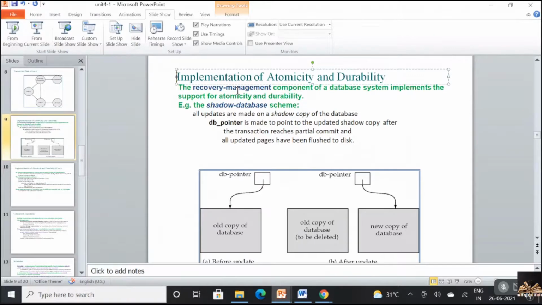And we use the shadow database scheme in order to implement atomicity and durability. So what I'm trying to do is pick up two of the properties and show you how we are going to implement atomicity and durability.